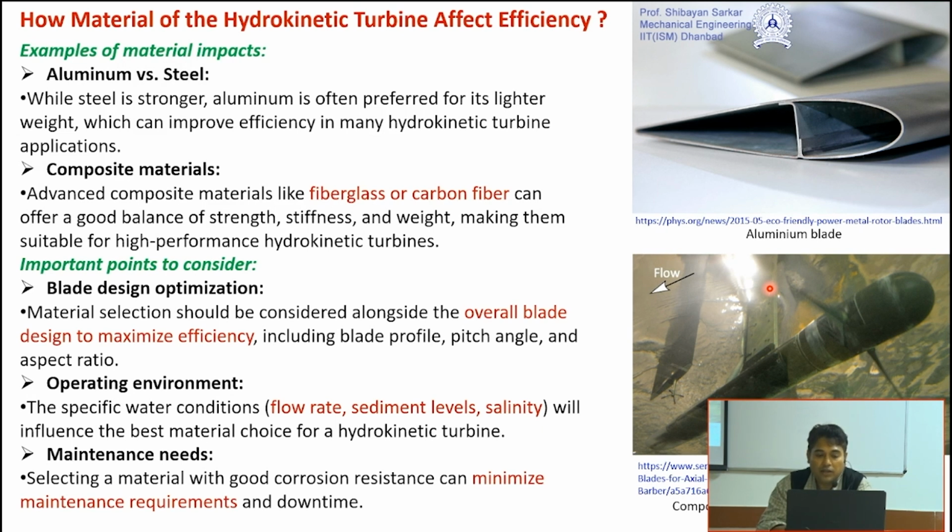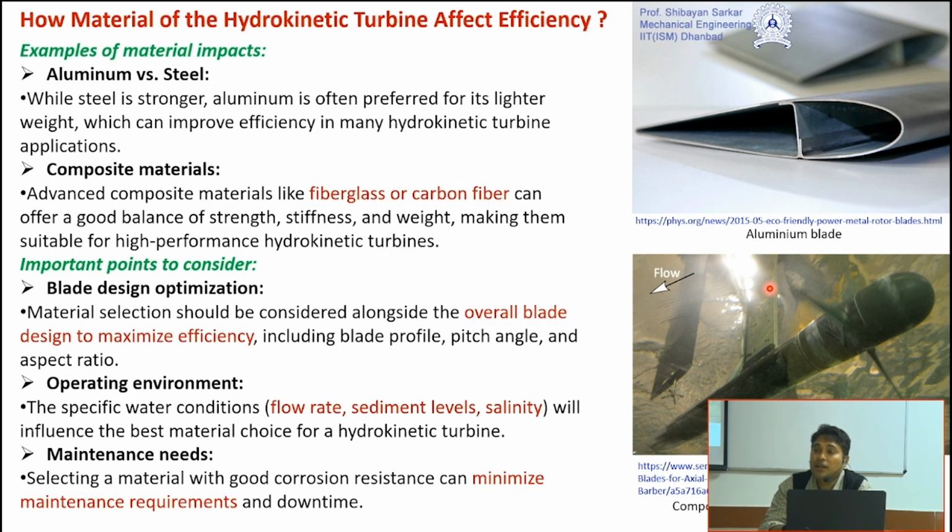Operating environment: I just told you about the flow rate, because if the flow rate is maximum, the load falling on this particular blade will also be on the higher side. So whether the composite or material you are selecting will be capable of withstanding those loads or not, you also have to consider.